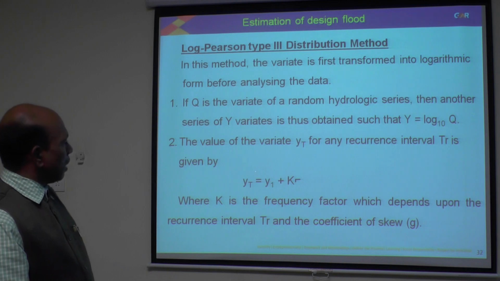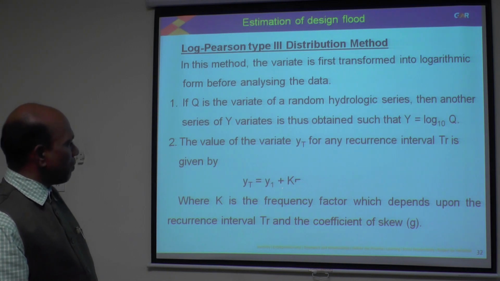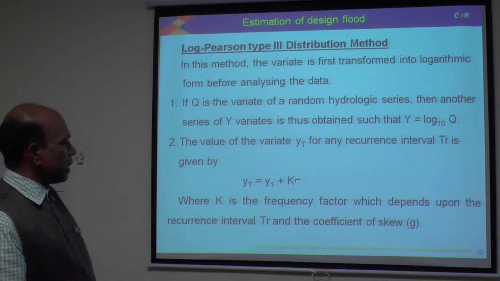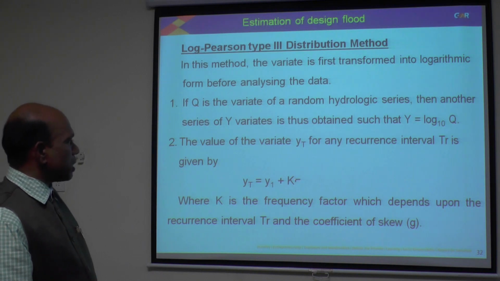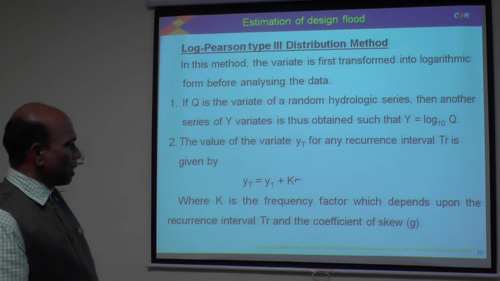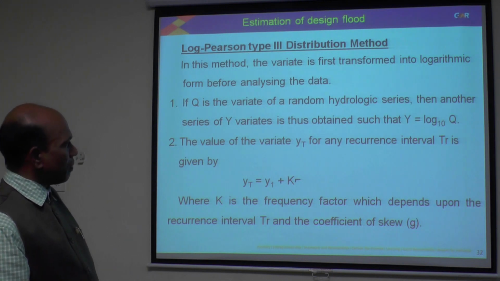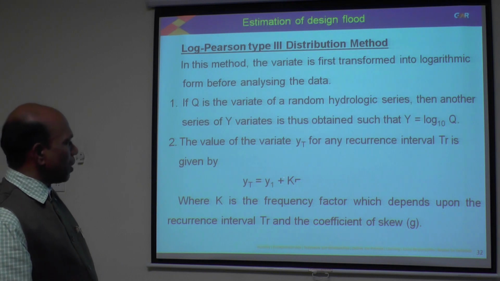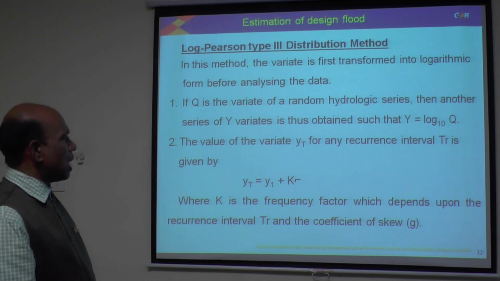So here variate yt equals y bar plus K sigma, where g is the skewness coefficient. The K value is determined based on the given recurrence interval and g value. Once we know the g value and the recurrence interval given in the problem, we find the K value by using the table.